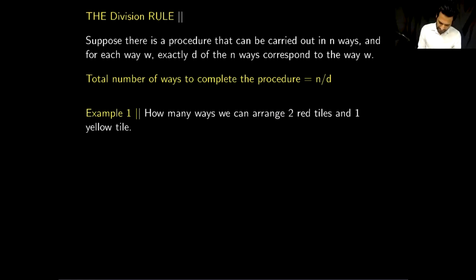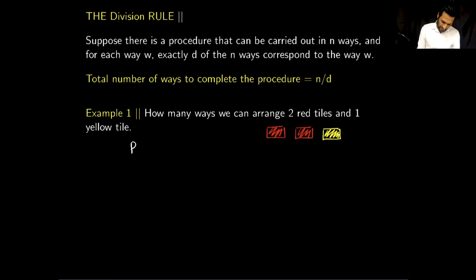The problem says that we have two red tiles and one yellow tile, and we want to find all the different arrangements of these three tiles. You may think that we can use permutation, because this is a problem of arrangement.